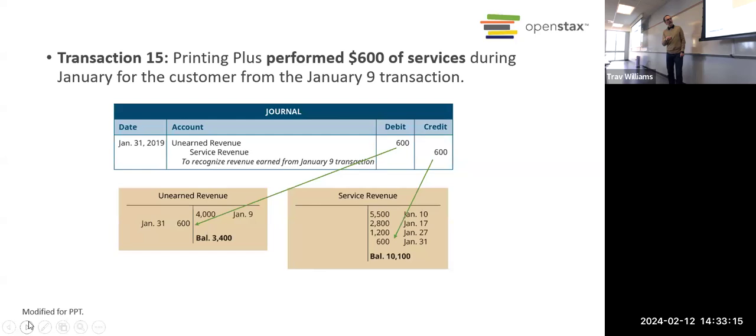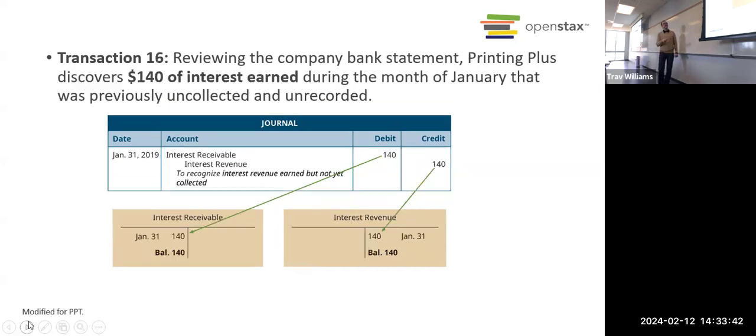And we see the remaining balance in unearned revenue. We can now count it as revenue because we've actually earned it. And it gets recorded as a credit in the revenue account. Okay. Just checking, was there any cash involved in this transaction? No. There was cash when the customer originally paid us, but that was a different transaction. Okay.